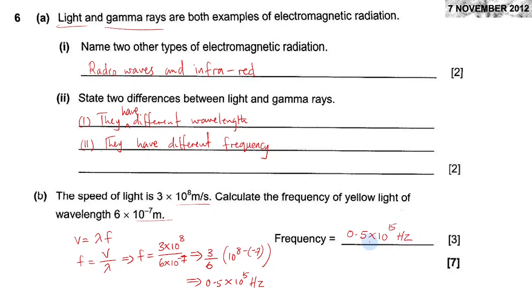Now, if you want, you can remove this point here. If you remove the point, it will be 5 times 10 to the power, and if you take the point to the right, the power should reduce. So it will now be to the power 14 hertz. So either this one or this one here.